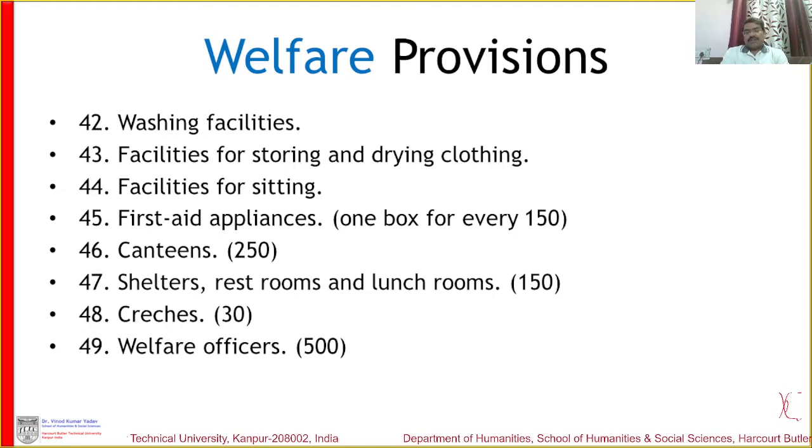The welfare officer must be full time, regular, on roll, and is supposed to look after the welfare of the employees: washing facilities, storing and drying clothes, sitting, first aid box, canteen, shelter, restrooms, lunch rooms, crèches.